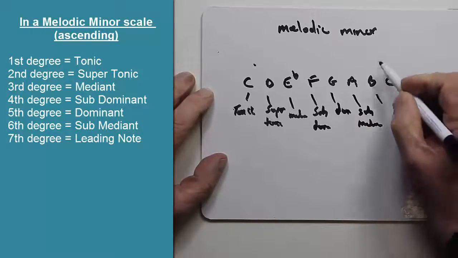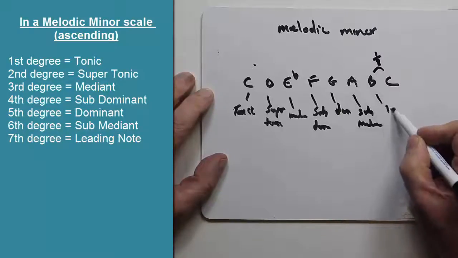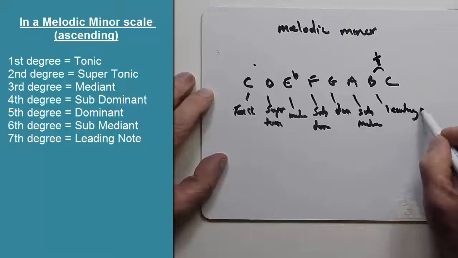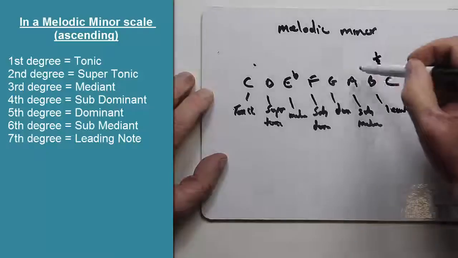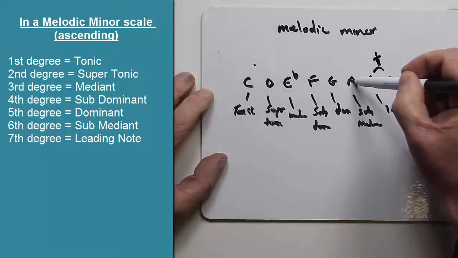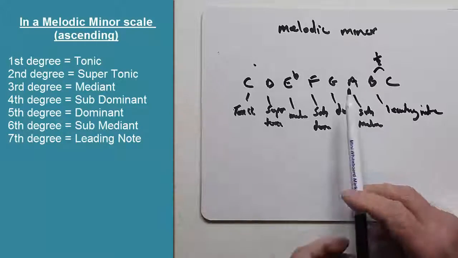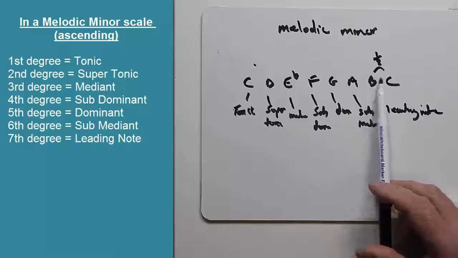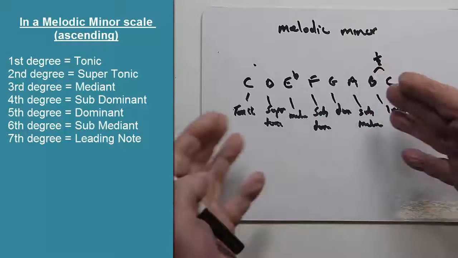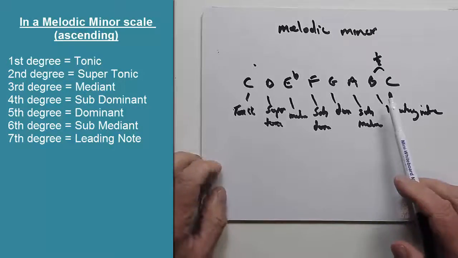And seventh is a B going to C, so you've got half a tone here, so this is a leading note. But when it goes down, remember, this cancels and that goes to flat, so it kind of changes, doesn't it? So this ends up becoming a subtonic because it goes back to the natural minor scale, which I've already shown you. But that's basically the melodic minor, which you need to know.